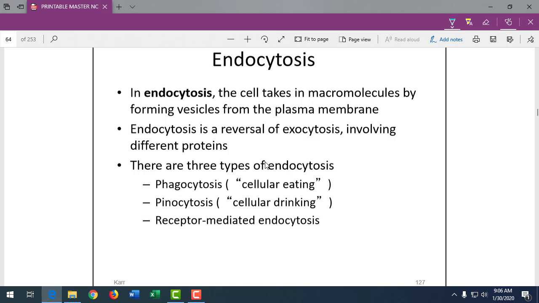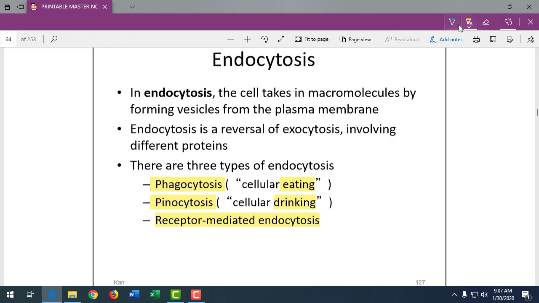And there's three types of endocytosis. There's phagocytosis, pinocytosis, and receptor-mediated. Phagocytosis means cell eating. Pino means cell drinking. Think of Pinot Noir. It's a type of wine you drink. So pinocytosis, cell drinking, means it's taking in liquids.